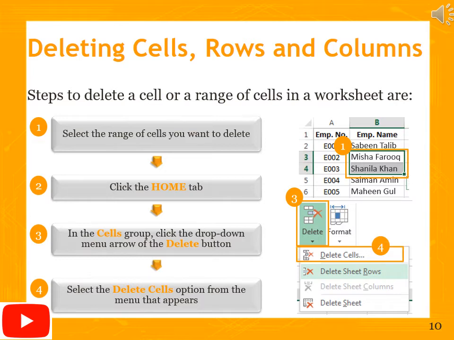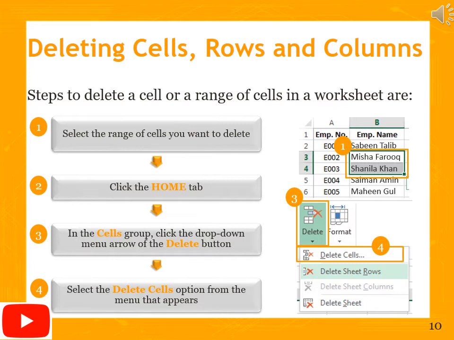Deleting cells, rows and columns. Page number 118. Steps to delete a cell or a range of cells in a worksheet are: select the range of cells you want to delete. Whatever you want to implement on an object, you have to select that object, either it's a cell, row, column, picture, anything or shape. Click the Home tab.